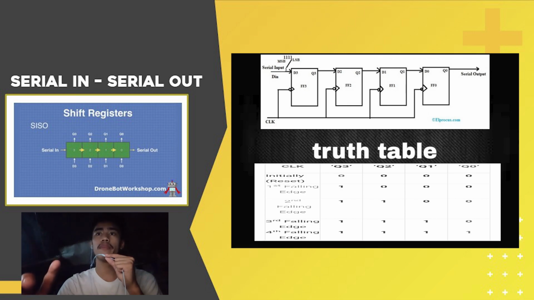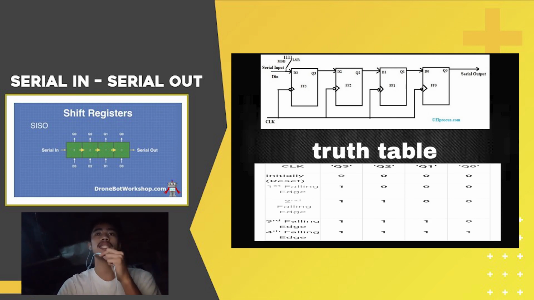Then primarily all the D flip-flop outputs will be 0. So D2, D1, D0 are equal to 0. When the D3 input is high signal, then D3 will cause Q3 to be 1. Therefore, the overall output for the first falling edge will become 1000.